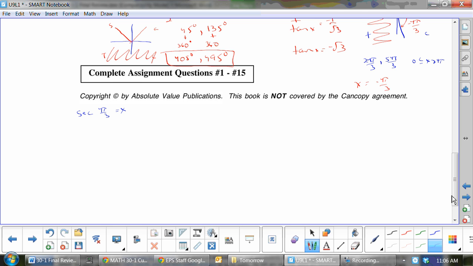That's an awesome question, is it not? This is the same thing as 1 over cos pi over 3 equals x.